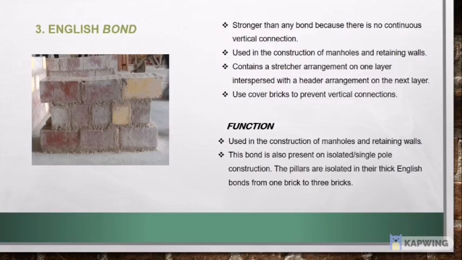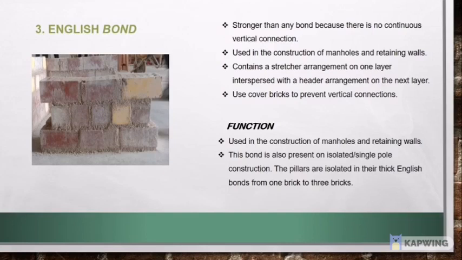The third bond is the English bond. English bond is stronger than any other bond because there is no continuous vertical connection, same as the Flemish bond. It is used in the construction of manholes and retaining walls. It contains a stretcher arrangement on one layer, interspaced with a header arrangement on the next layer.